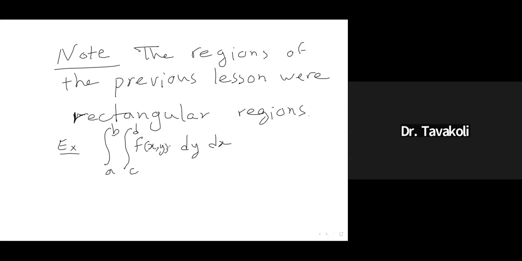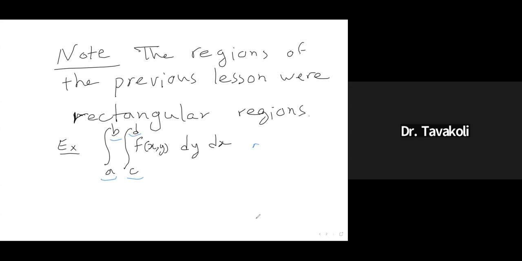So the region that we are integrating over, I'm not talking about the surface of the function, I'm just talking about the region that we are integrating over. So x runs from A to B and y runs from C to D, and these are given constants.